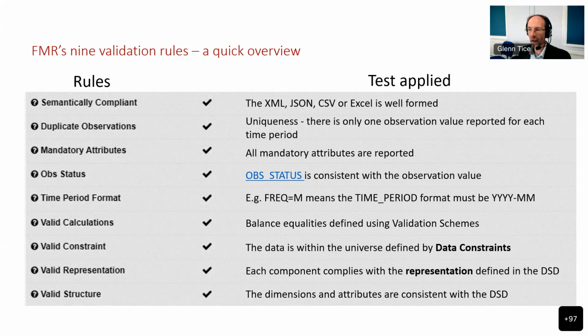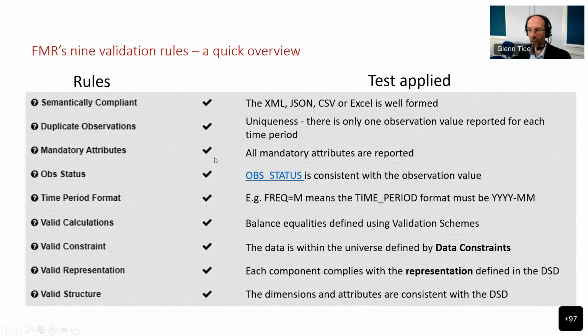Interestingly, you can in the data file report the same value for the same time period, but provided it is precisely the same value for each time period, then it won't raise an error.